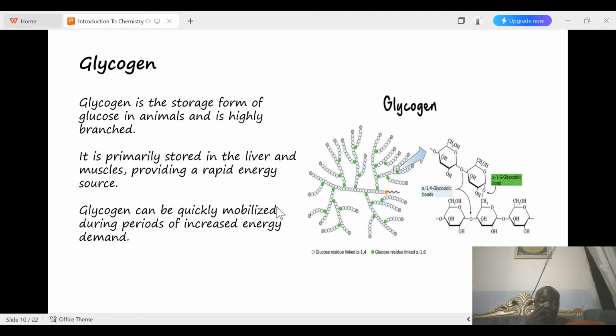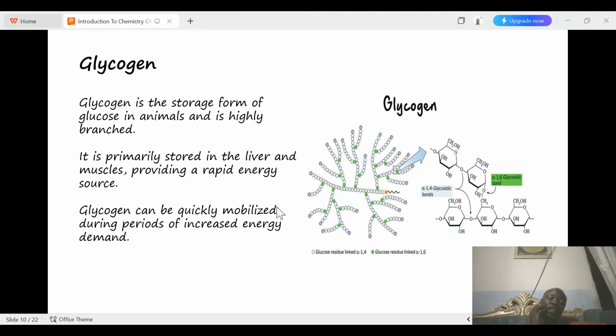So when you have excess glucose in our body that our body cannot utilize, then it is usually stored in the liver in the form of glycogen. And when the glucose in our body is exhausted, then it is this glycogen in the liver that will be mobilized and used to generate other glucose molecules for other physiological purposes.